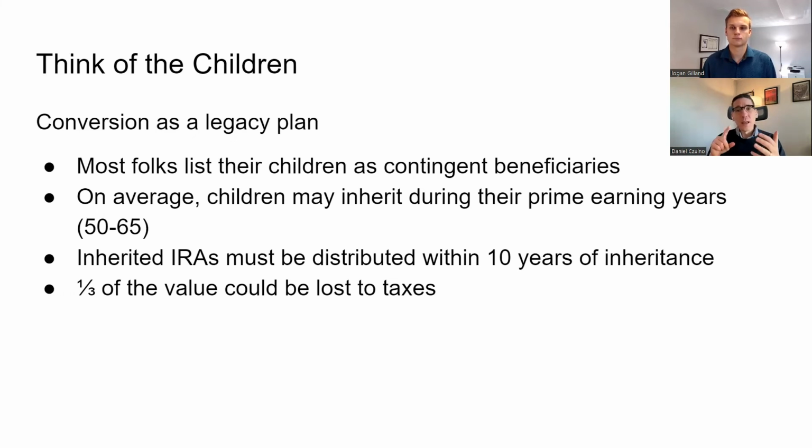You've taught them well. They have minimal tax deductions in their own life. And now they're receiving these inherited IRAs that must be distributed fairly quickly by historical standards and done so at a taxable rate. So, because of that, if you add in federal taxes, state taxes, on top of their current income, you could see about a third of the value of those IRAs that they've inherited being lost simply to taxes, which is pretty substantial.